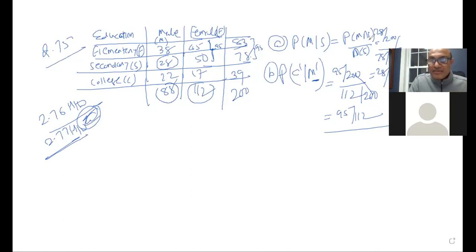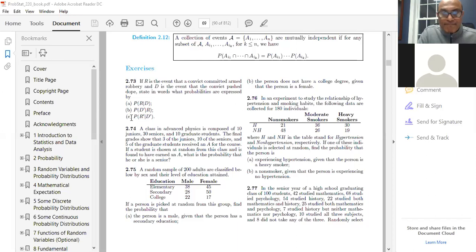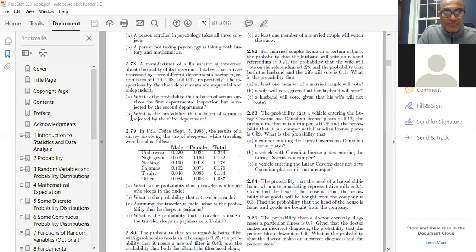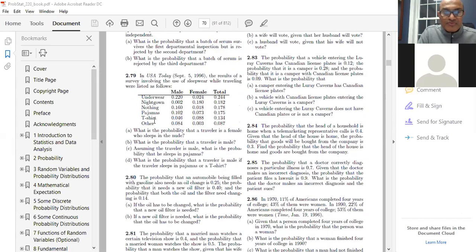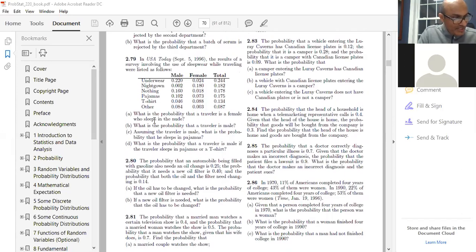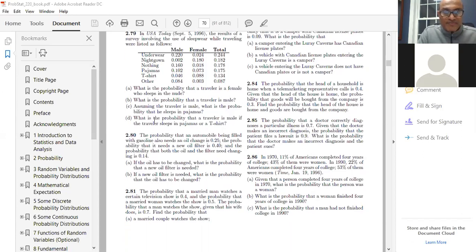I can stop sharing this one and let's go with the book. So book says that, yeah, this example is homework. This one is homework, and as I told you, 2.80. Okay, 2.80.